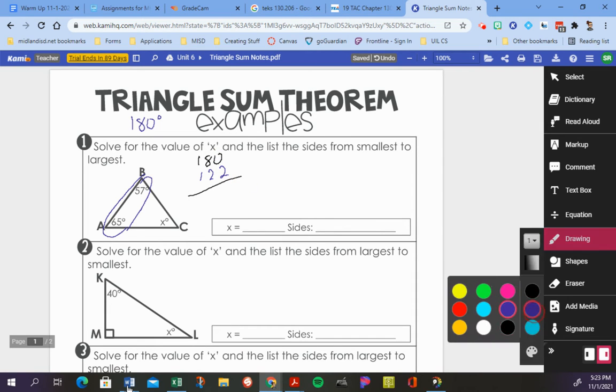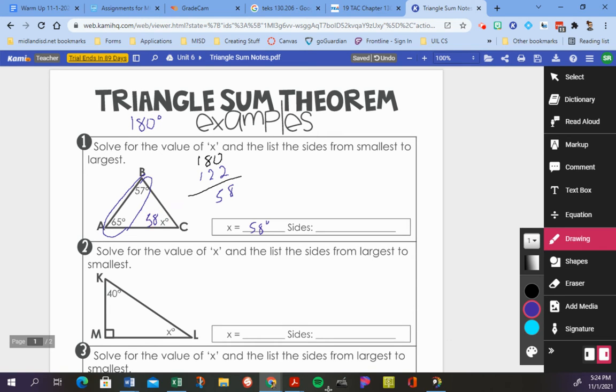Y'all are probably quicker at this than I am. That's 8, 7 minus 2 is 5. X is 58 degrees.